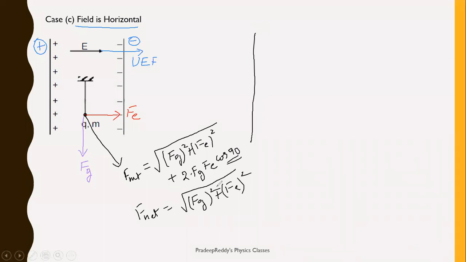So this is net force acting on the charged particle. Now F net will be equal to m a, that is a_net. So simply you can replace with a_net, which is equal to net acceleration equal to under root g square plus (qE divided by m) whole square.